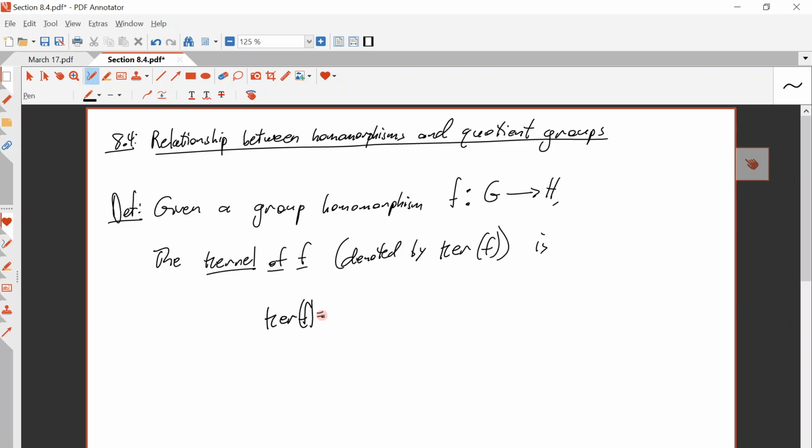Ker f is equal to the set of all a in G such that f of a is equal to 1, and that's for H multiplicative because the identity element in H is 1.